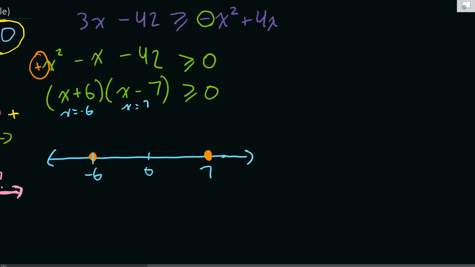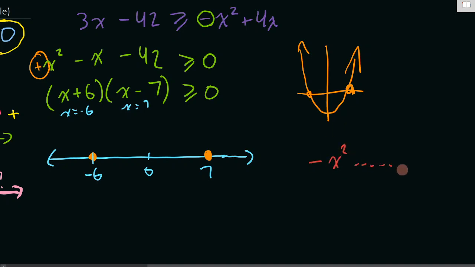And since it's positive, if we were sketching this, we know that our parabola opens up, right? Because positive leading coefficient means that it opens in the up direction. If there was a negative sign in front, if it was negative x squared, whatever the rest is, we don't really care about, then it would open down.